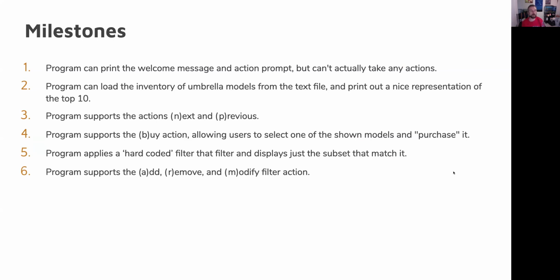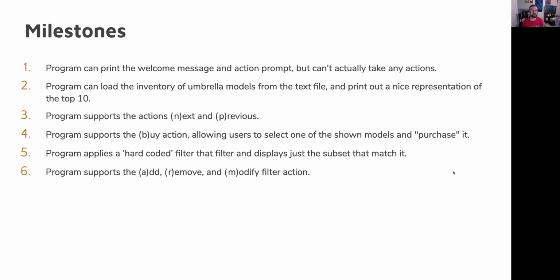That's a way for you to go, yep, I'm here, check. The second milestone is that the program can load the inventory of umbrella models from the text file, which I just said I pretty much have done for you, and print out a nice representation of the top 10. And that part is not quite done for you yet, so that would be something that you actually have to do. And then the program supporting the actions next and previous. That's again something that you're going to need to do.